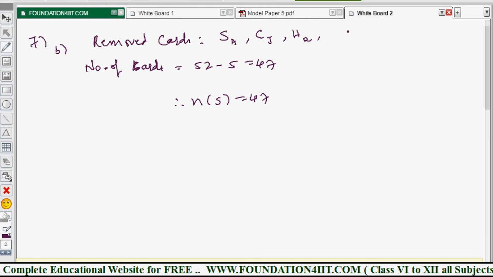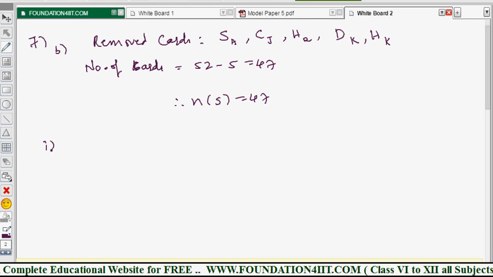Both red suits are only heart and diamond, right? So diamond king and heart king. Diamonds and hearts are red, and spades and clubs are black. So you already know about the cards, then we can solve this.